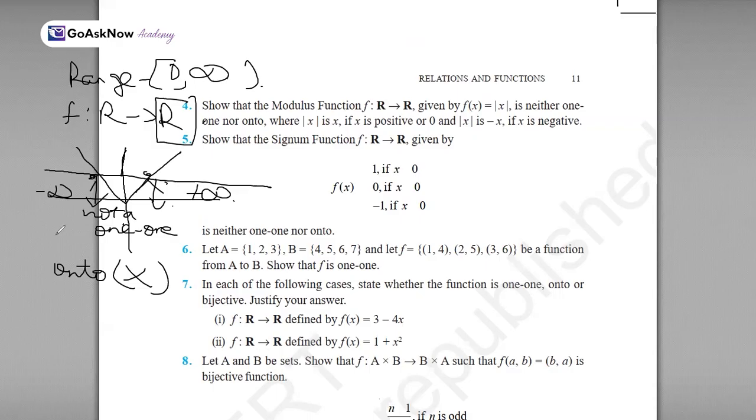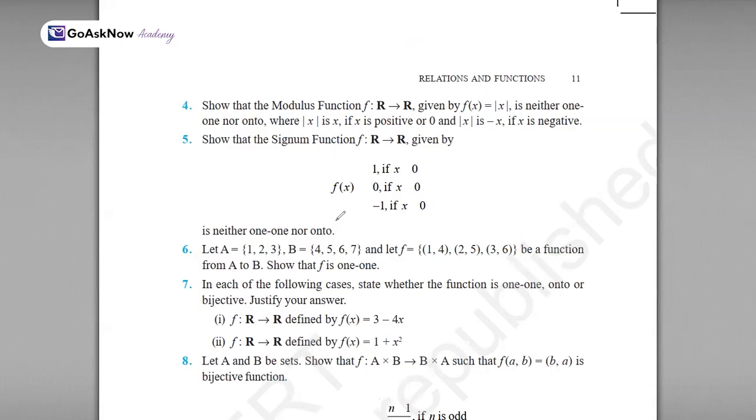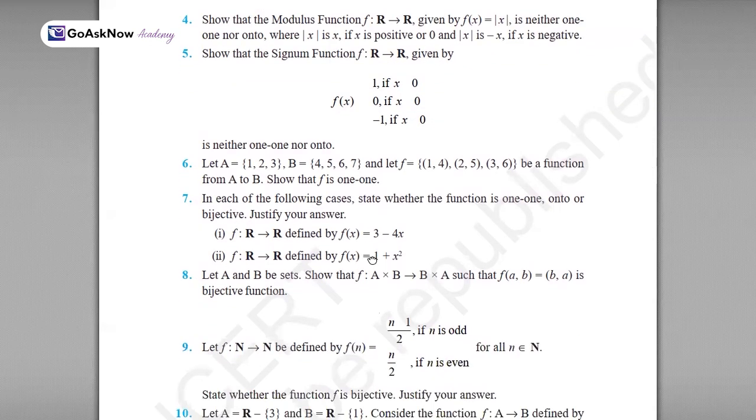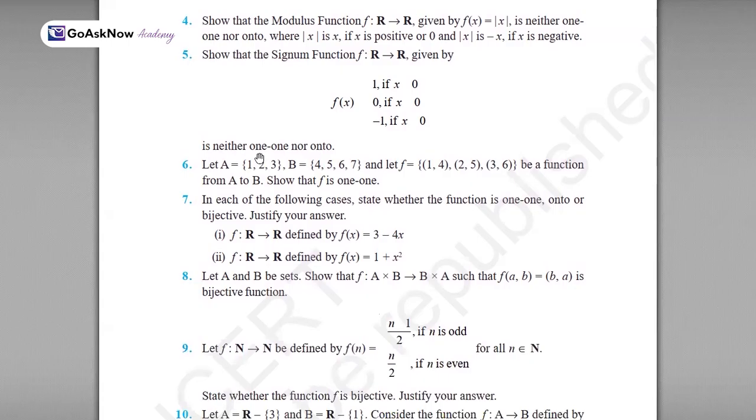Let's see another question from this exercise. I will solve only one or two questions. See question 6. Let A = {1, 2, 3}, B = {4, 5, 6, 7}, and let f = {(1, 4), (2, 5), (3, 6)}.